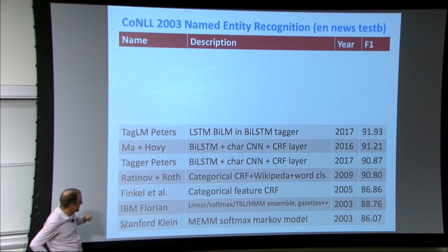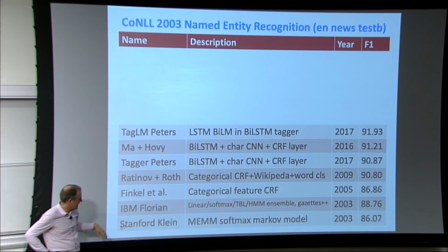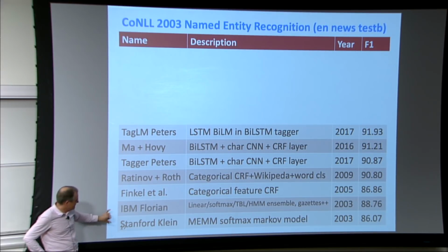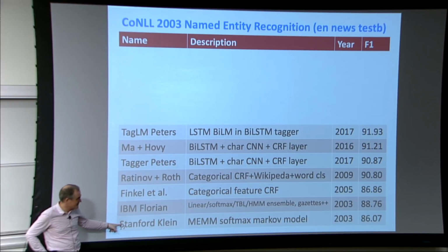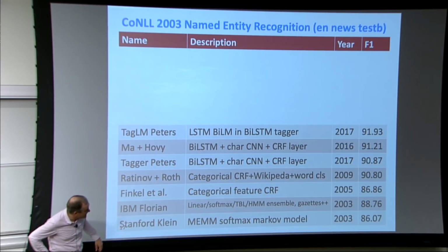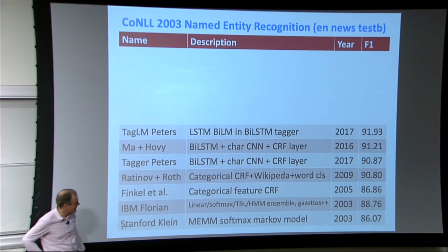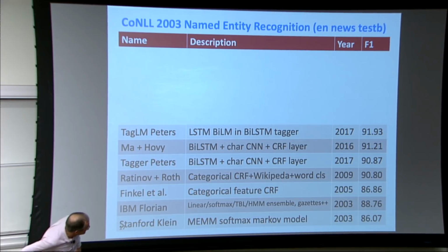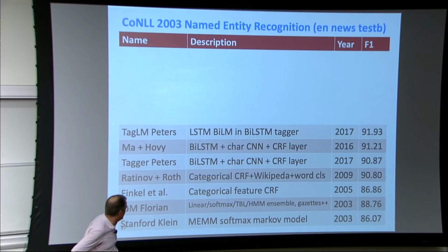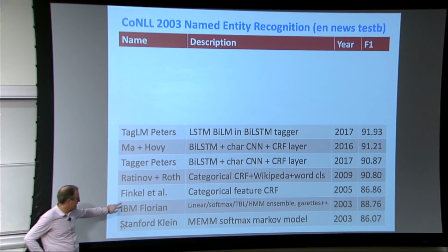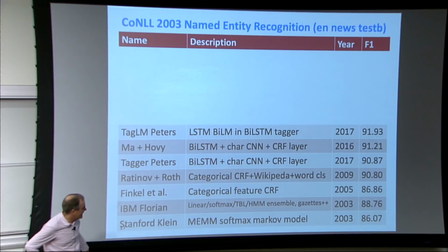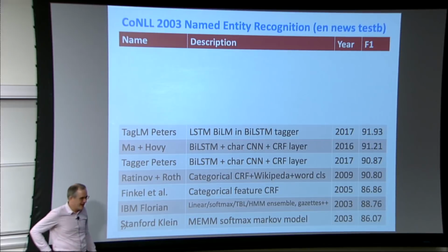On this data set, it's been around for roughly 15 years now. It was originally a competition, so in 2003 was the original bake-off. My group actually took part in it. I think we got third or fourth place, and our F1 score was 86. The people who won were from IBM Research Labs, and they got 88, almost 89.